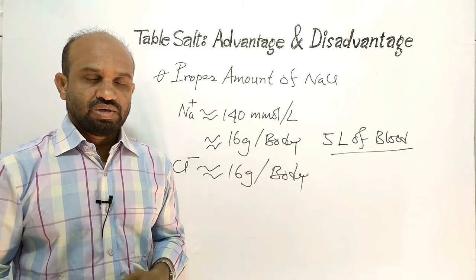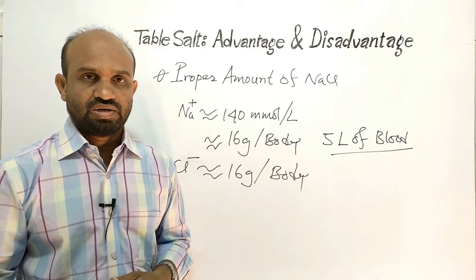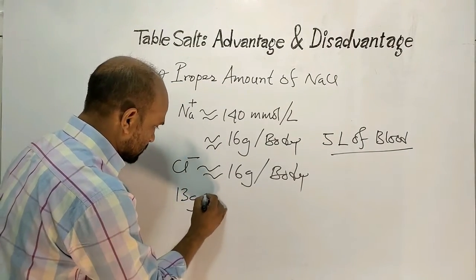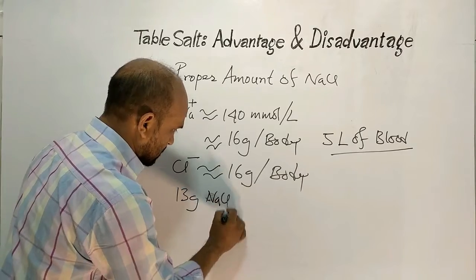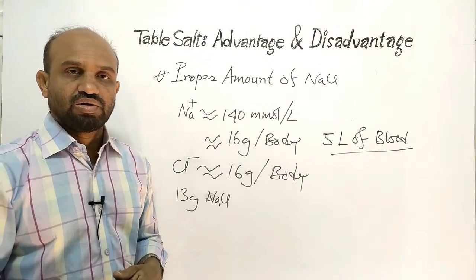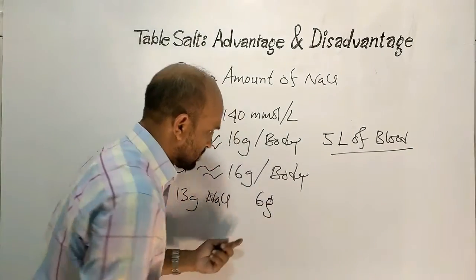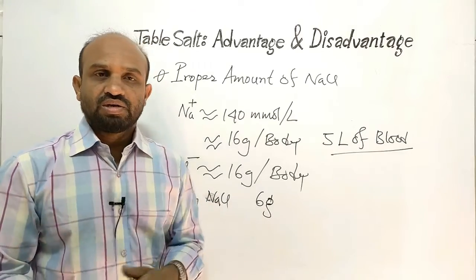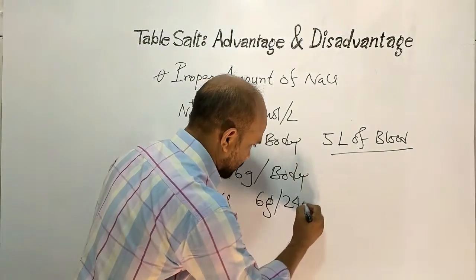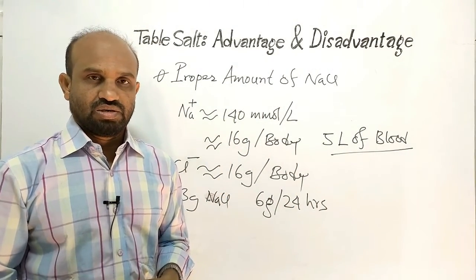So, this is the proper amount of sodium chloride in our body, and we take around 13 gram sodium chloride every day, which is more than double the proper amount, that is 6 gram. We should take 6 gram sodium chloride every day, 24 hours, not more than this.